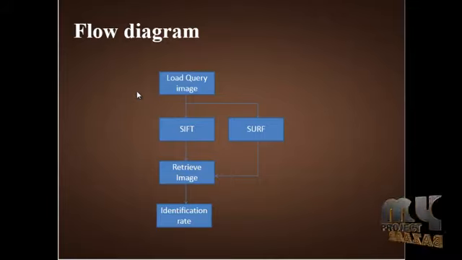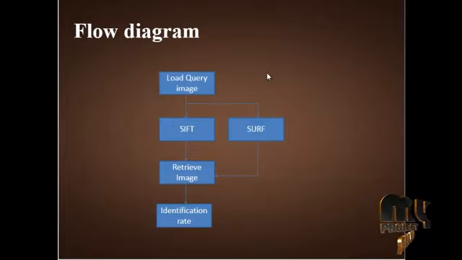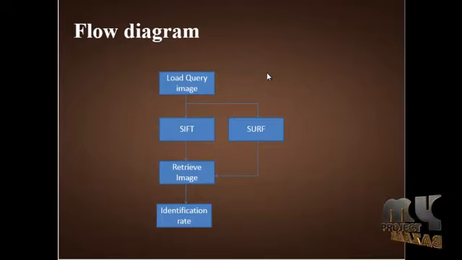This is the flow diagram for our proposed work. In our flow diagram, first we load the query image. The query image is the manipulated or modified face image, and it goes to the pre-processing step. In pre-processing, we use a Gaussian filter to remove any noise in the query image.